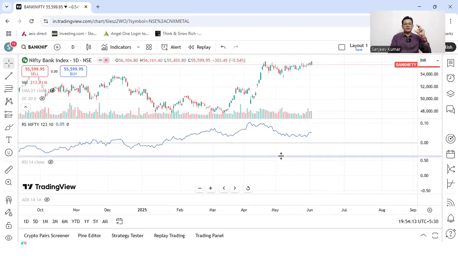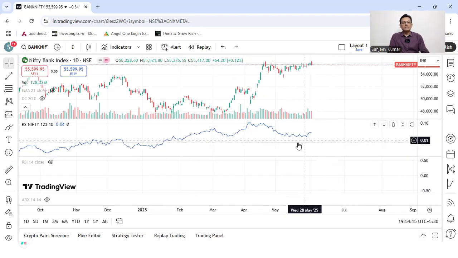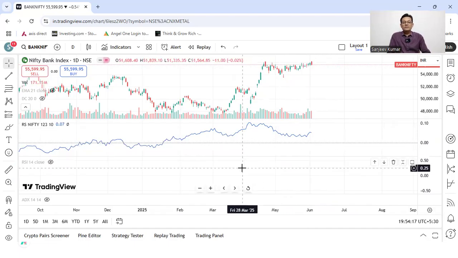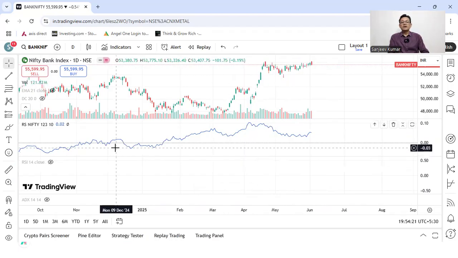So if you want to choose the sector, you will choose Nifty Bank, not Nifty IT. So in this way, you can select the trending sector.